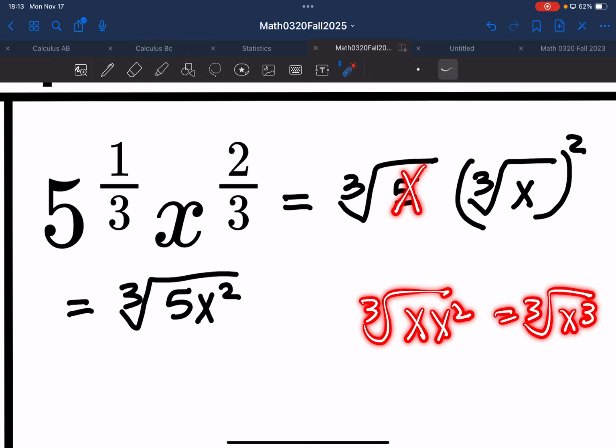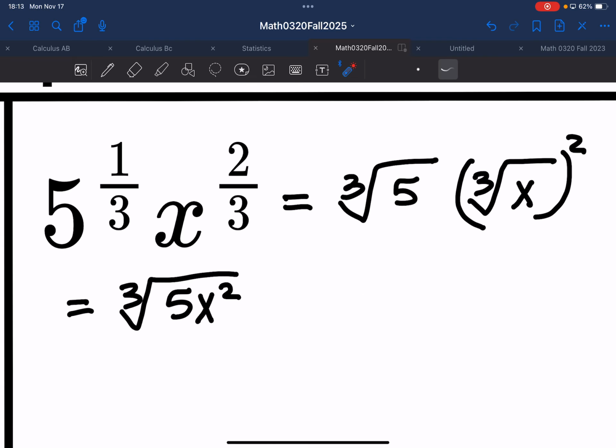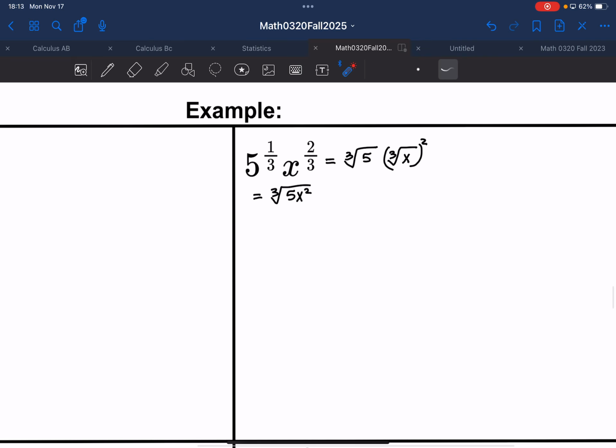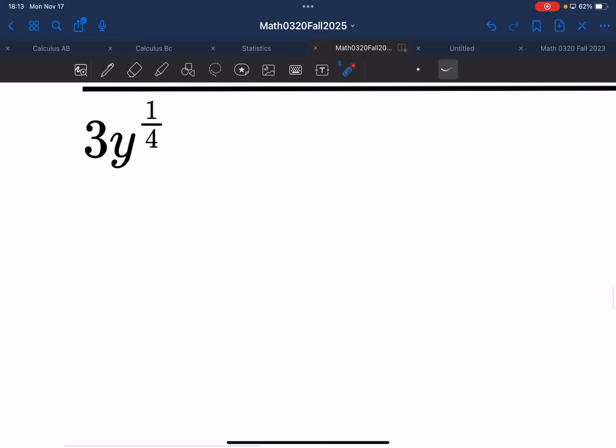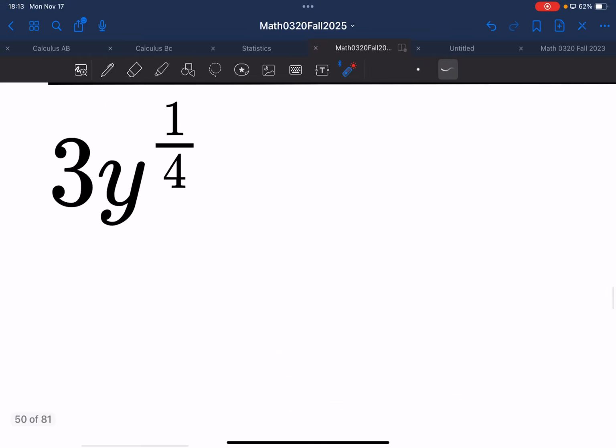Okay, we're going to go through all those different cases. Okay, so this is where the parentheses start to become important. They were important before with that negative, but now notice when we have this 1/4 exponent, is this attached to the y or is it attached to the 3y?